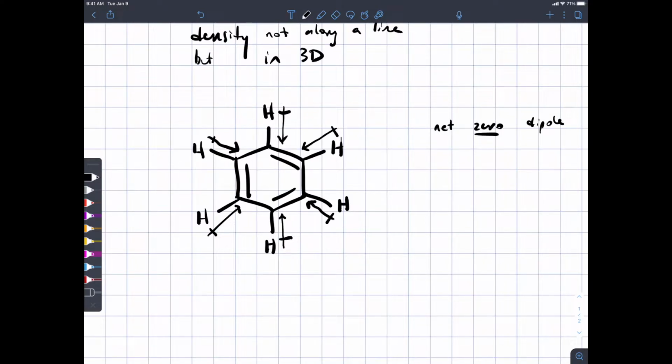Nevertheless, it would be incorrect to say that the distribution of electron density around the benzene ring is uniform, because what this picture here predicts is that the hydrogens should be electron poor. The color we're using for that, I guess, is blue.